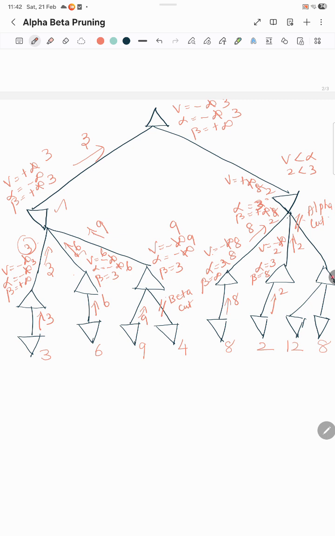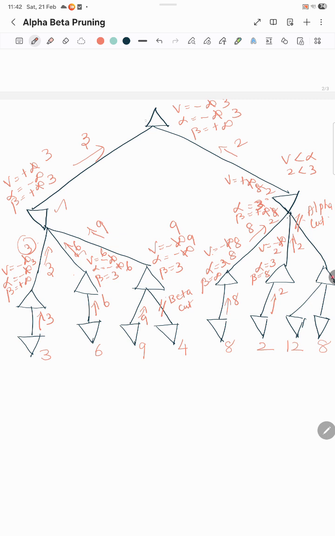Yes, now you are propagating 2. 2 is not greater than 3, so you are not updating, and just you are leaving as such.